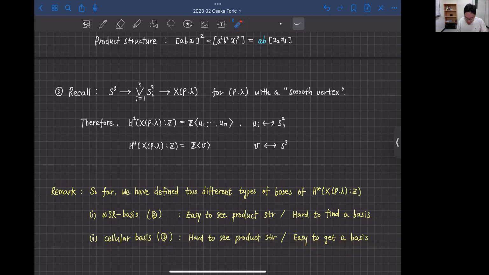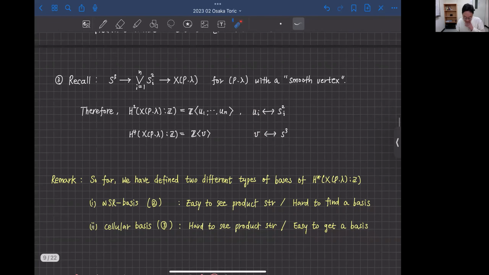However, their product structure is not obvious to see. What is the product of U_i and U_j? What is the divisibility of U_i U_j with respect to this degree 4 generator, right?